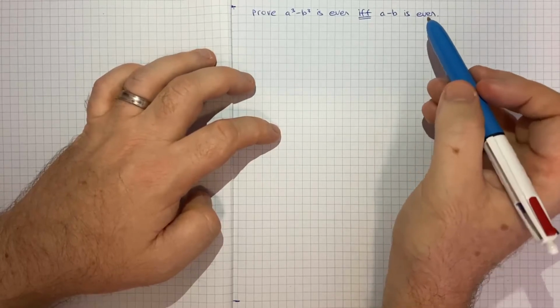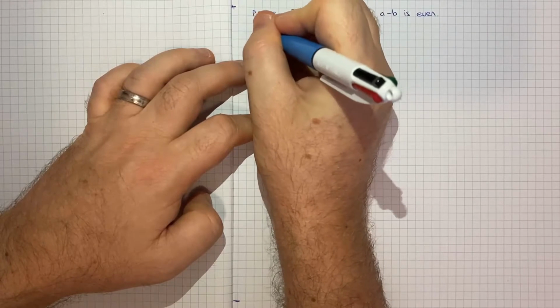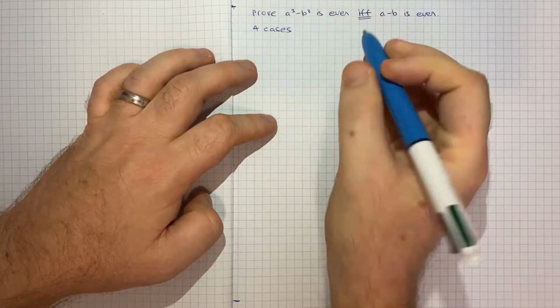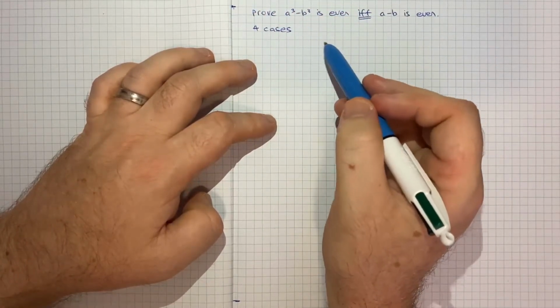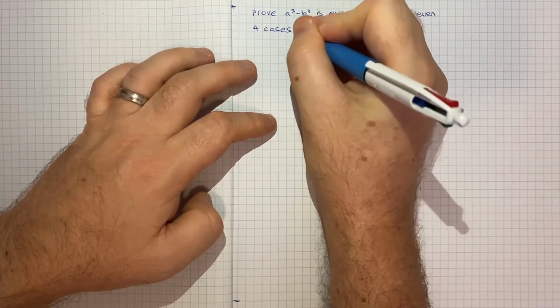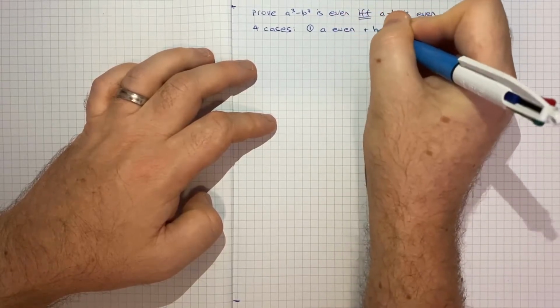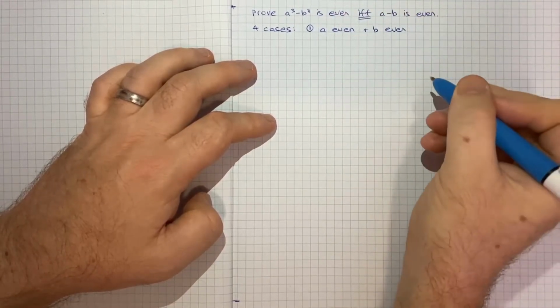And so I think we can take a case approach to this, and we can define four possible cases that we can investigate and see where we get to. I think they are: a could be even and b could be even. That's one possibility.